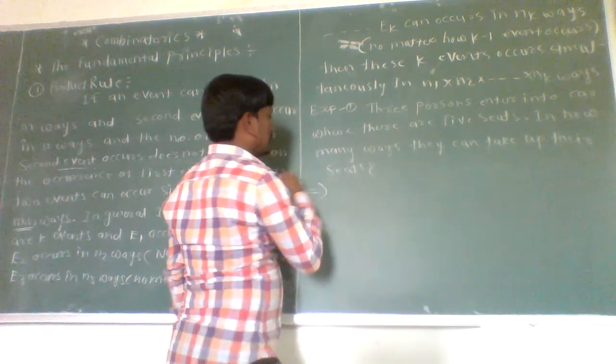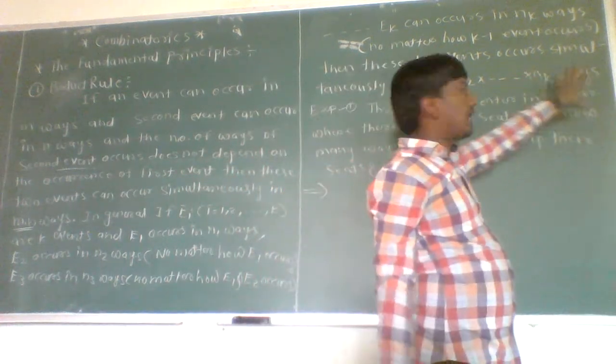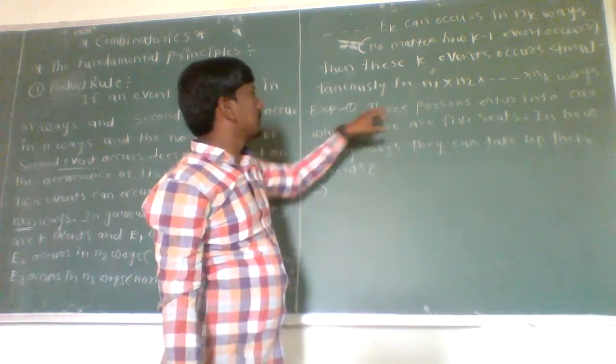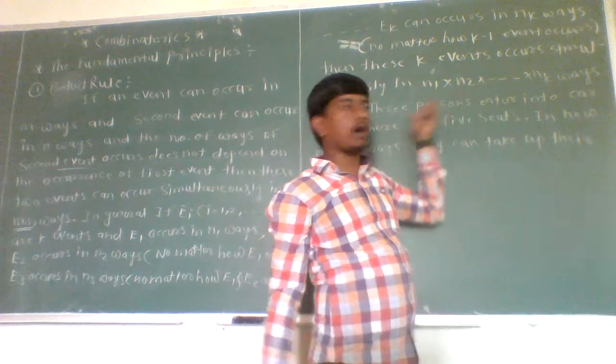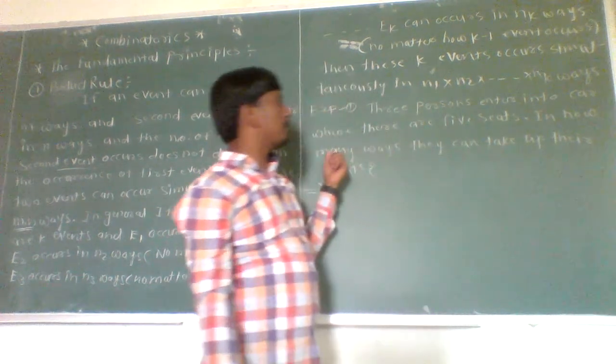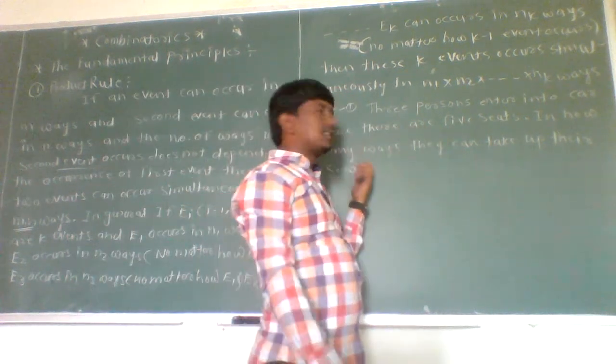Suppose there are three persons, and these three persons enter into a car, and the number of seats in the car is five. We have to find the number of ways these three persons can take up their seats.